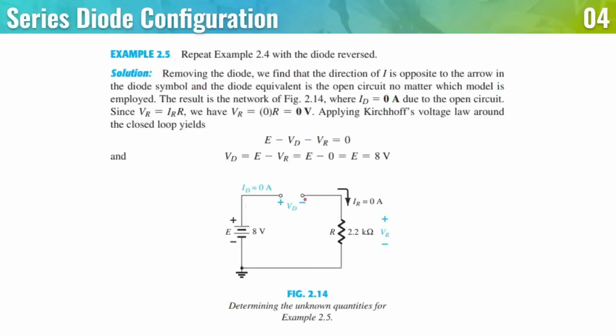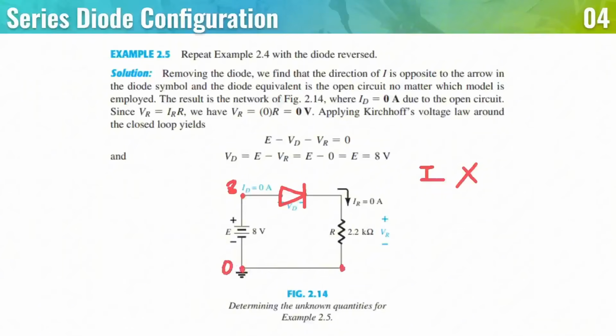However, that does not automatically mean that the diode is not conducting any voltage. Remember, the current I is not being conducted across the diode, but you have to look at the node voltages. This is going to be 8 volts. This is going to be 0 volts because this is ground.